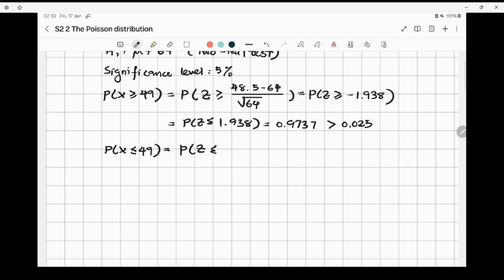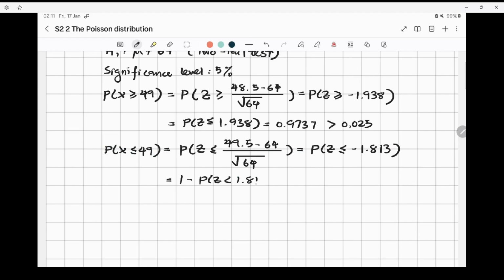So this is smaller or equal, so you use 49.5. This will be P(Z ≤ -1.813), and this is 1 minus P(Z < 1.813), which is 0.0349.